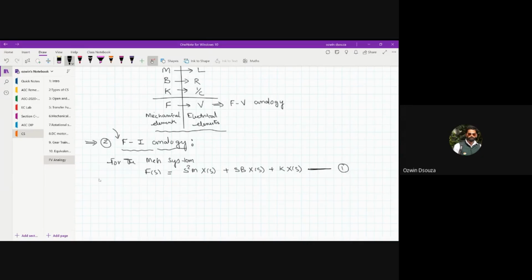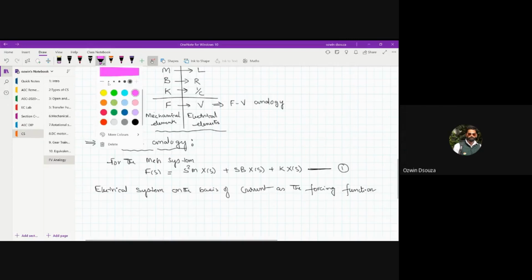Now let us consider electrical system. Since we are talking about current, let us consider the electrical system on the basis of current as the forcing function.